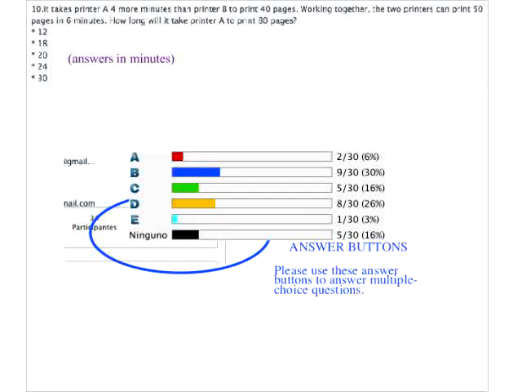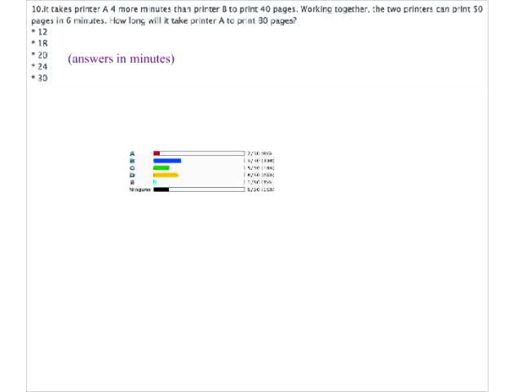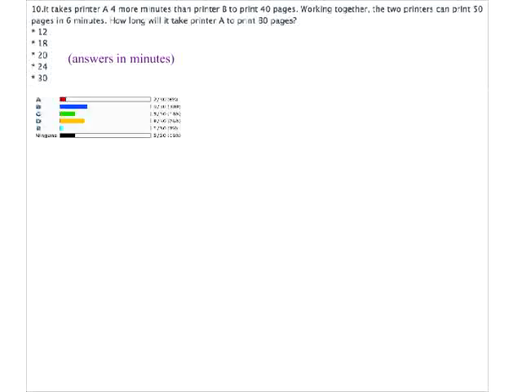So we're kind of all over the place on this one. So let's take a look. What's the situation here? What are the quantities in the problem? Quantities?